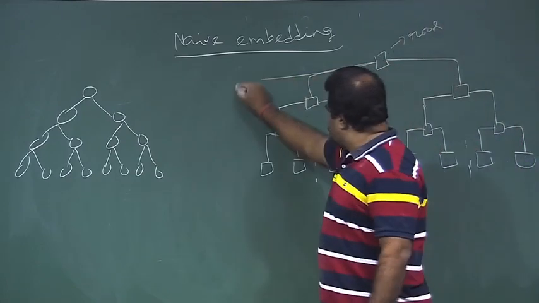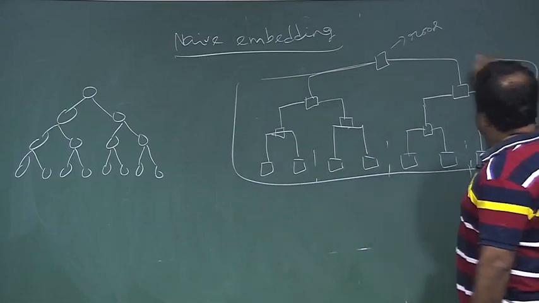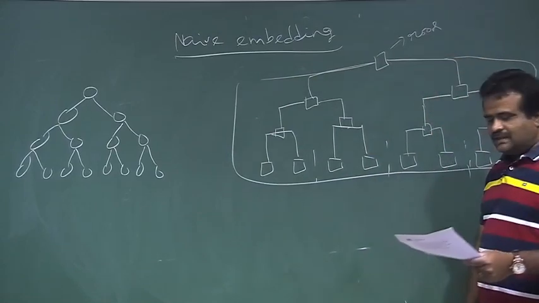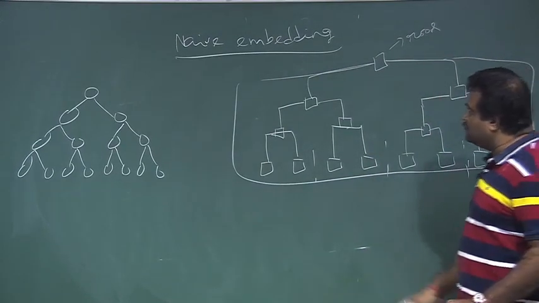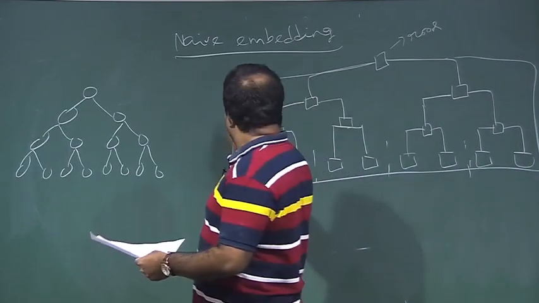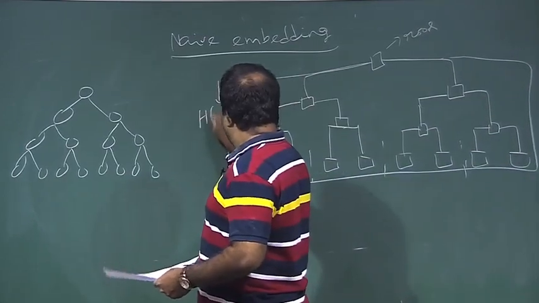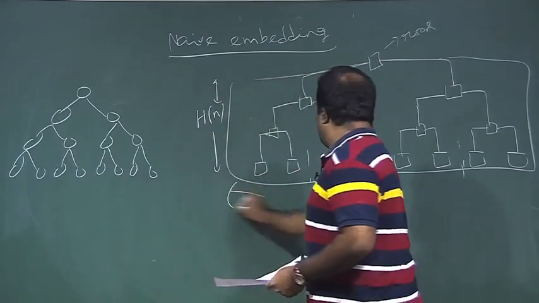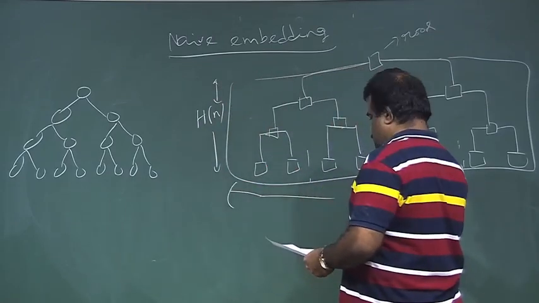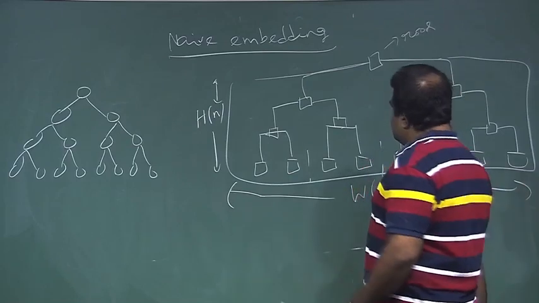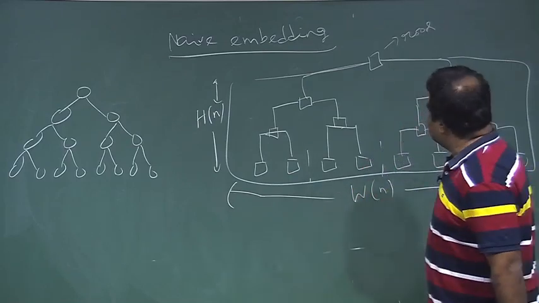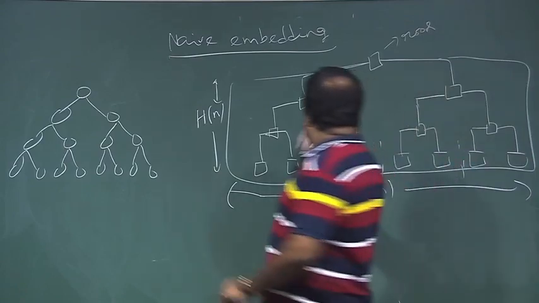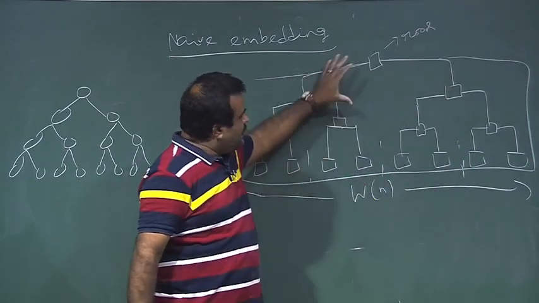Okay, now this is our chip. Now, what is the length of this? How to calculate the area? If we denote this by the height of the tree, h, and this width by W n. Now, for height, what is the recurrence? We have to embed n nodes.